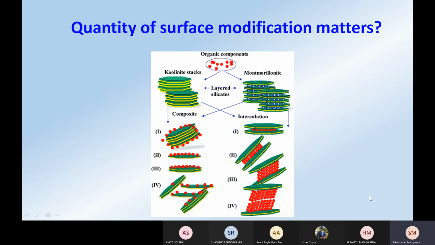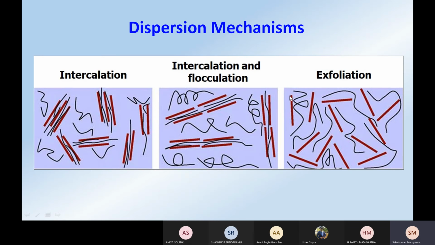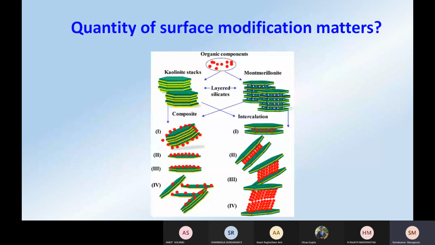Then you can introduce polymer chains very easily between the clay layers. As a result, you can easily exfoliate this nanoclay. Once you do the exfoliation, you will have very good properties, of course, because the dispersion is very good. Once the dispersion and the distribution are good, you'll have improved technical properties.